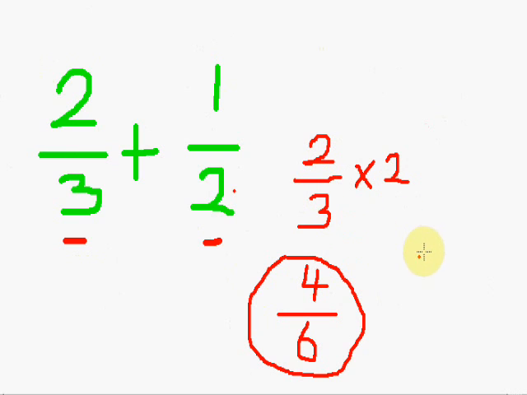We're going to do the same thing with 1/2. We're going to take the half, and we're going to multiply that by 3. As I said before, we multiply both the 1 by 3 and the 2 by 3, so that at the end of the day we will get 3/6.